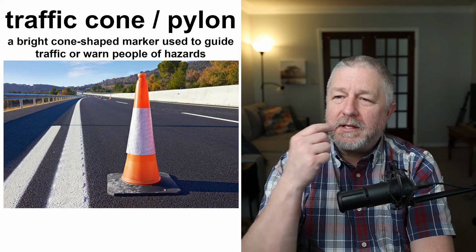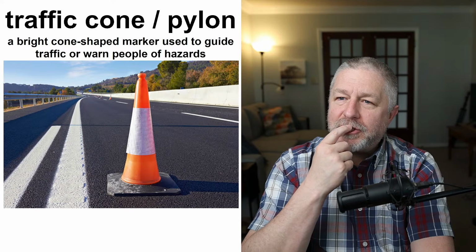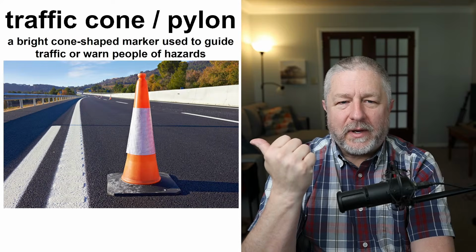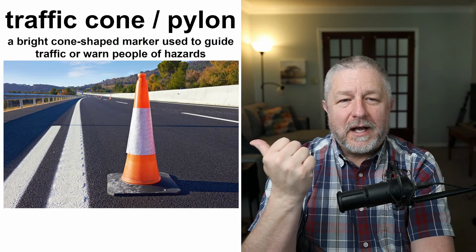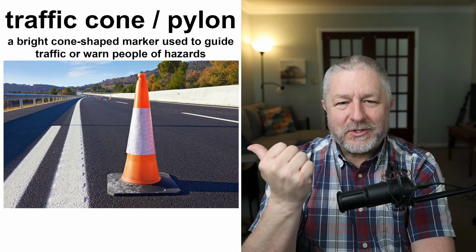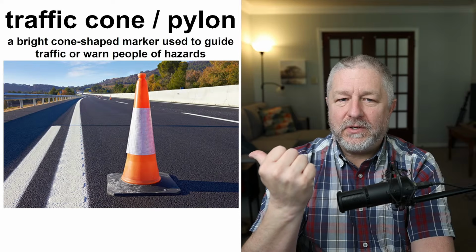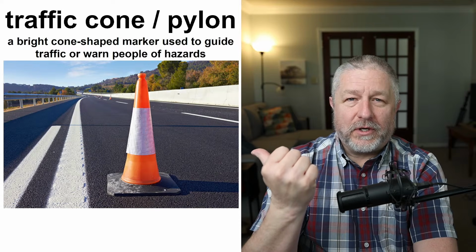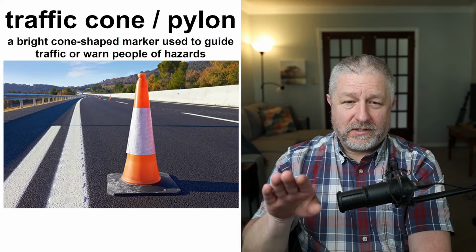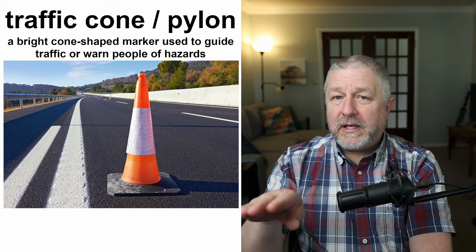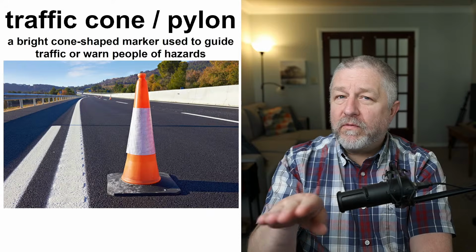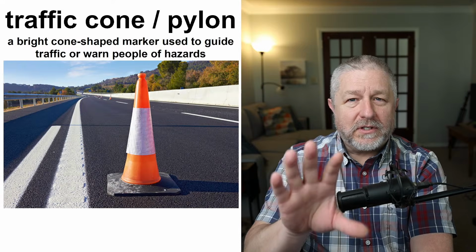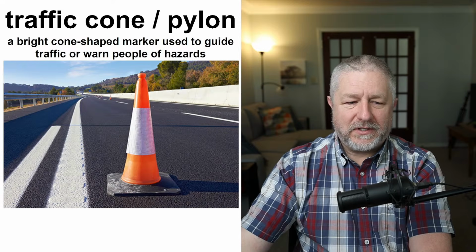They're the only two things I can think of right now that are that shape. But yes, so I guess it is a bright cone-shaped marker used to guide traffic or warn people of hazards. If you see a pylon or a traffic cone, you will want to slow down because it probably means you need to move over a lane. It might mean there's construction ahead or something else is happening.